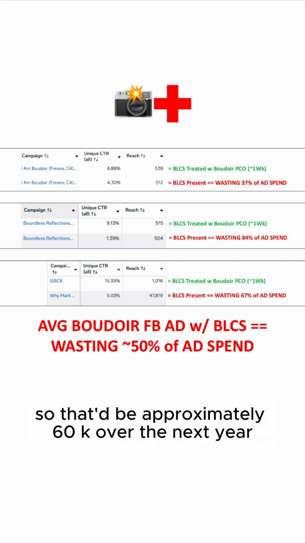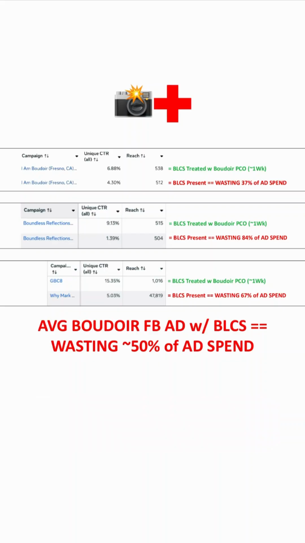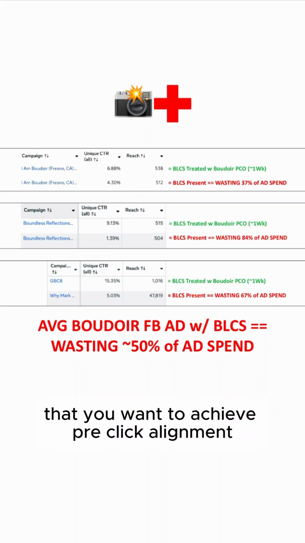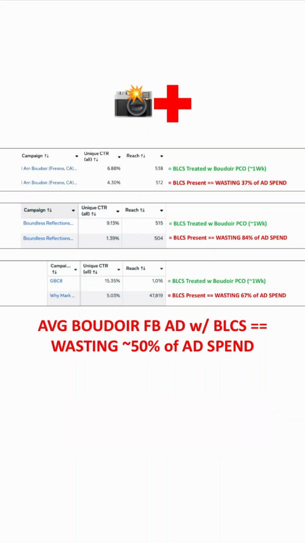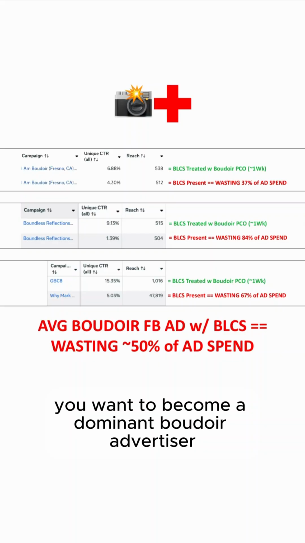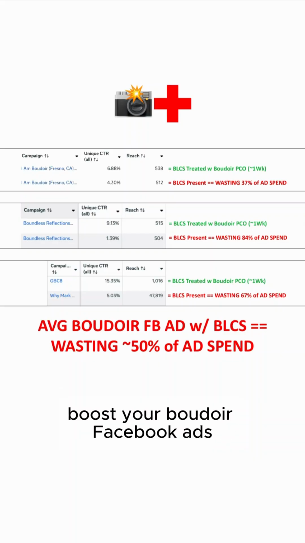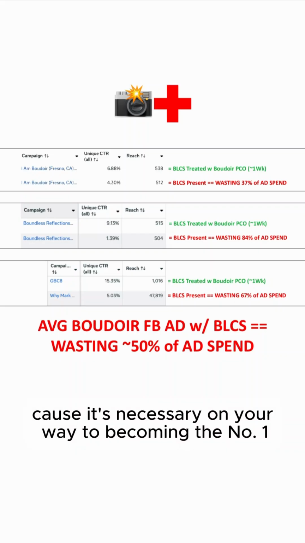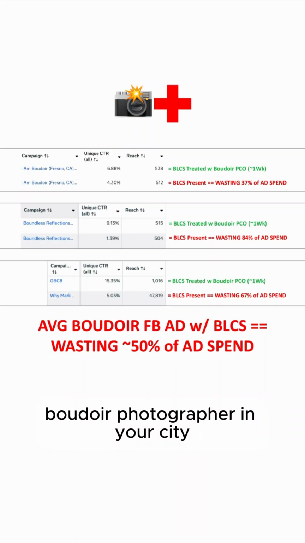That'd be approximately 60K over the next year. And you decide that you want to achieve pre-click alignment. You want to become a dominant Boudoir advertiser. You want to achieve Boudoir brain entry and boost your Boudoir Facebook ads because it's necessary on your way to becoming the number one boudoir photographer in your city.